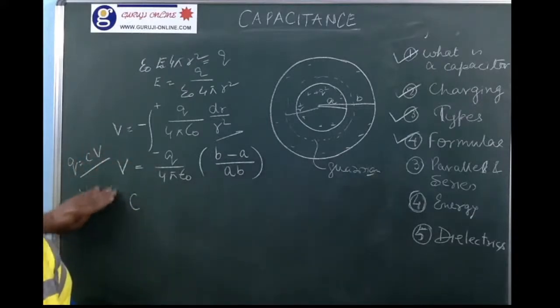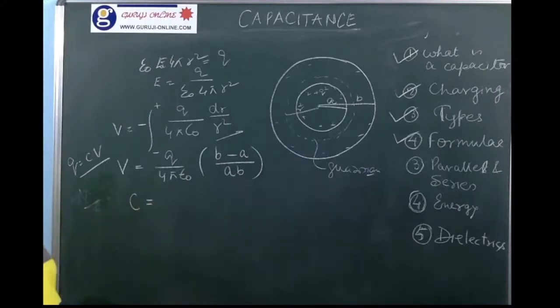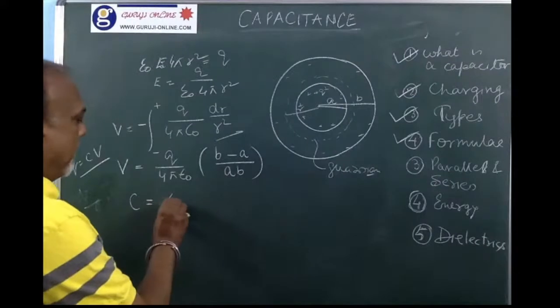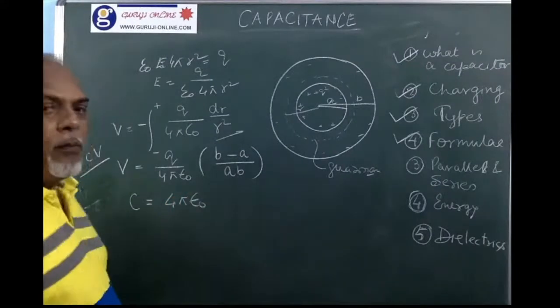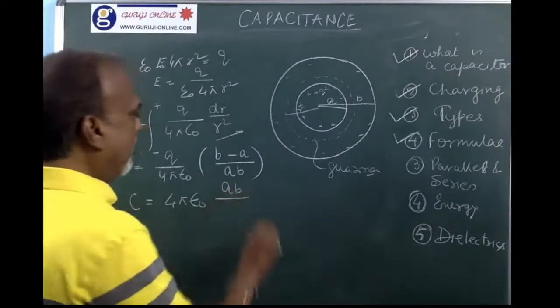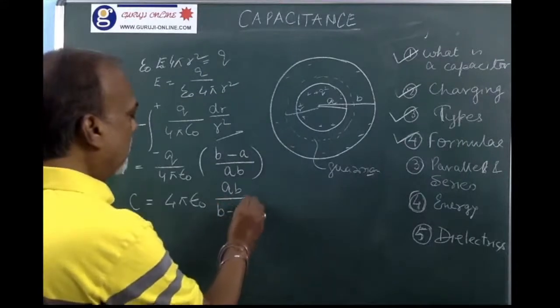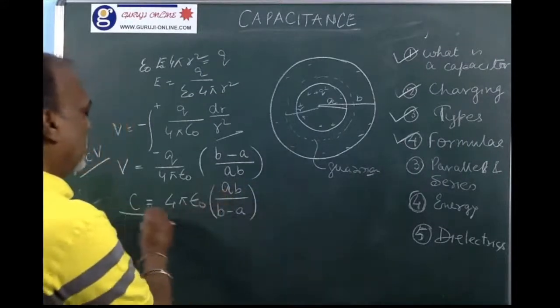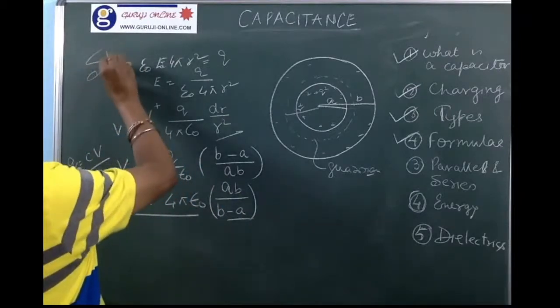So C will be nothing but 4 pi epsilon 0 AB upon B minus A. So this is in case of spherical capacitors.